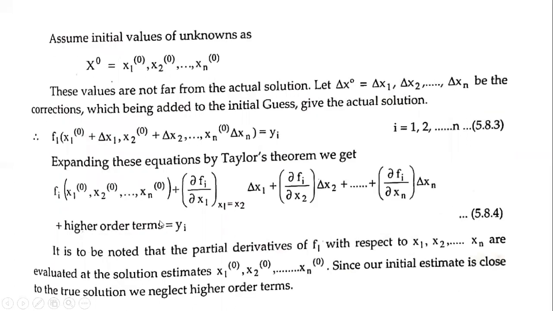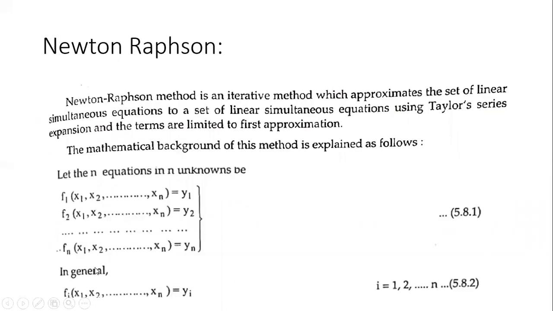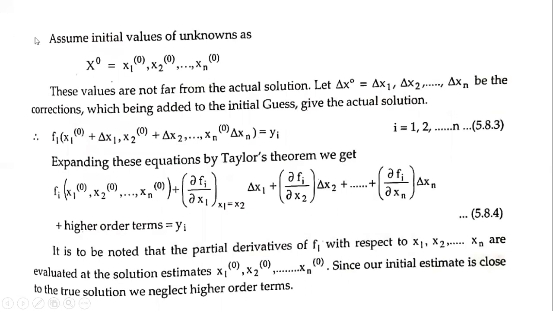In general, f1 is replaced with i, therefore fi of x1, x2 and so on up to xn is equal to yi, where i is equal to 1, 2 and so on up to n. This is equation number 1 and this is equation number 2. The total set of equations is represented with respect to i, where i is equal to 1, 2 and so on up to n.